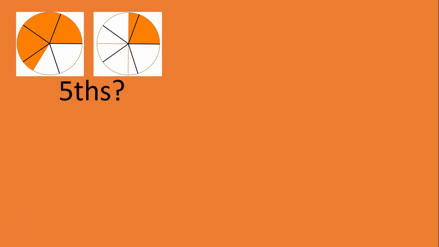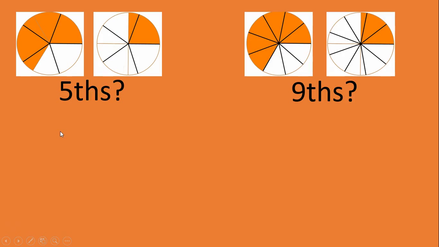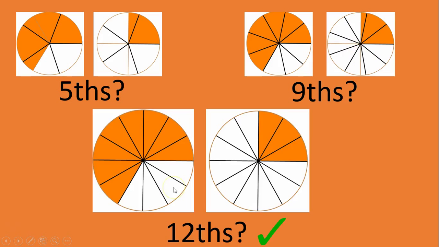It does not work, as you can see, to measure these because here I have a little slice inside a fifth, and same thing over here, so it doesn't work. What about ninths? This works to measure the 2/3, but it does not work for the 1/4. There's a little bit left over here. It's not until I get up to twelfths that I find a match that works for both fractions.